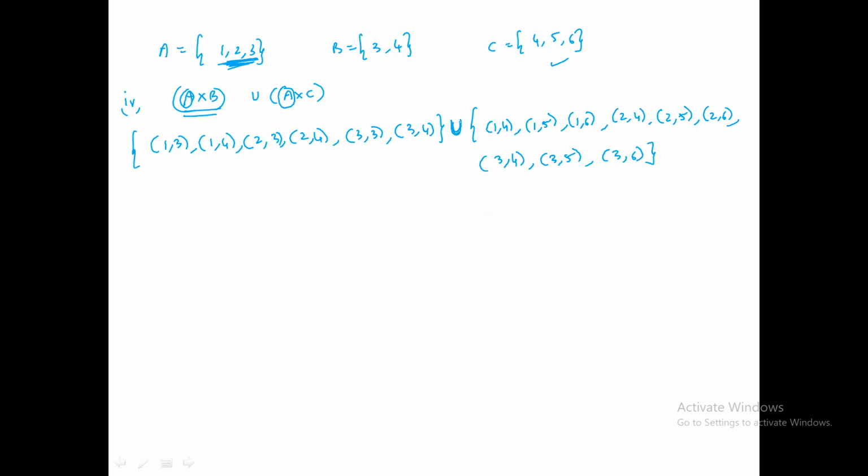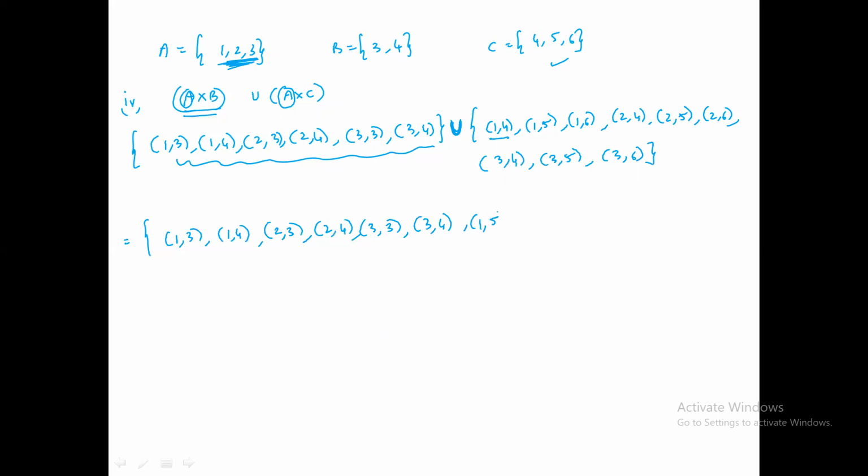Now I have to take union for both the sets. So union means whatever is there in first set, I will copy: (1, 3), (1, 4), (2, 3), (2, 4), (3, 3), (3, 4). Now I'll copy the second one. (1, 4) already written.